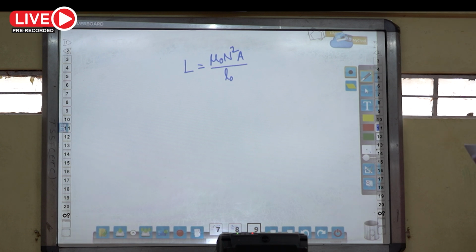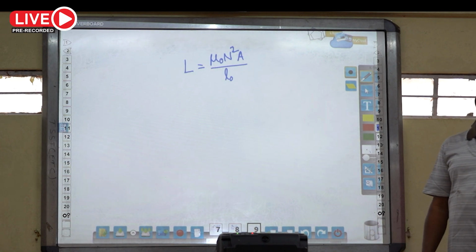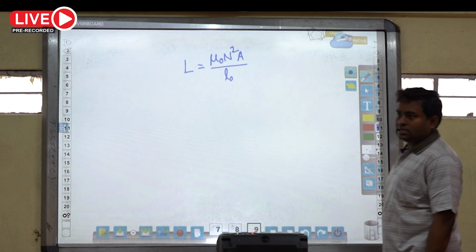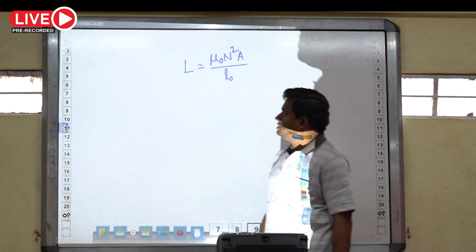Now, how many meters of the steel wire are required? This is the length of the solenoid. Okay. Now we know that length of the wire required.